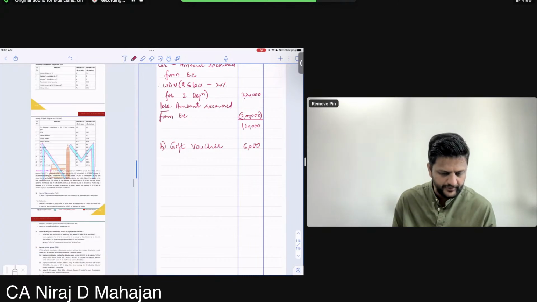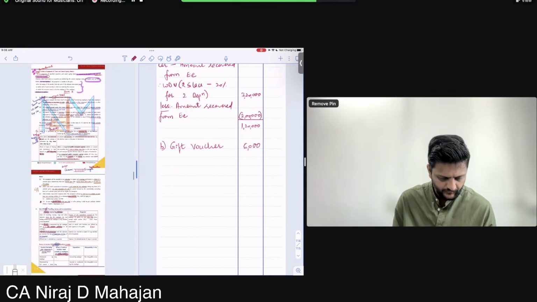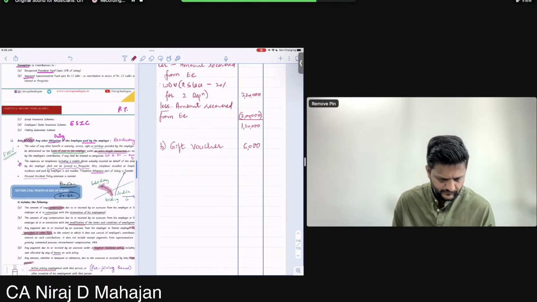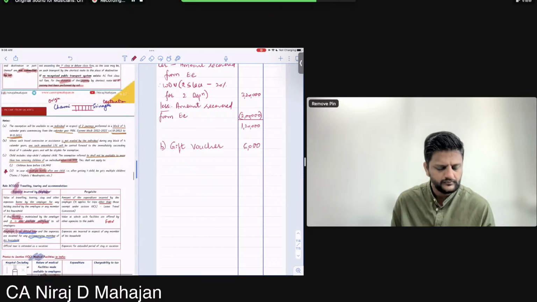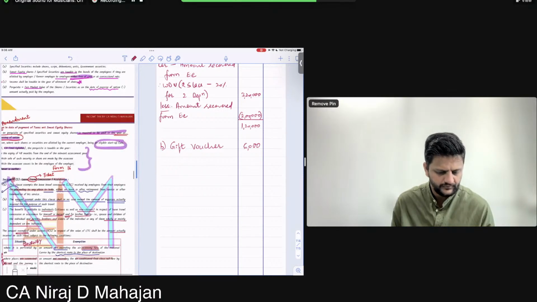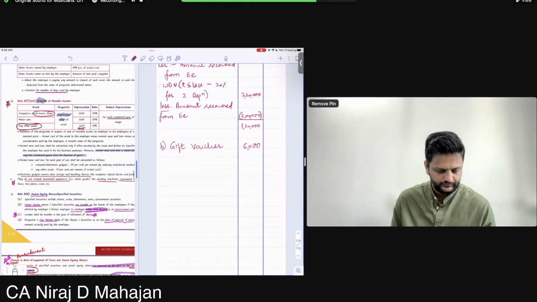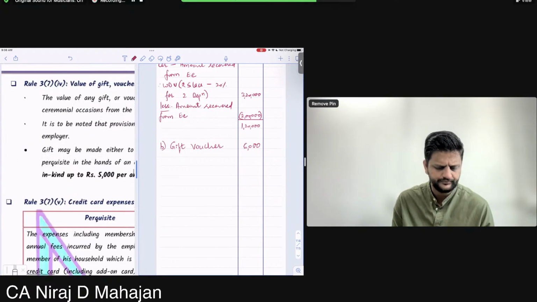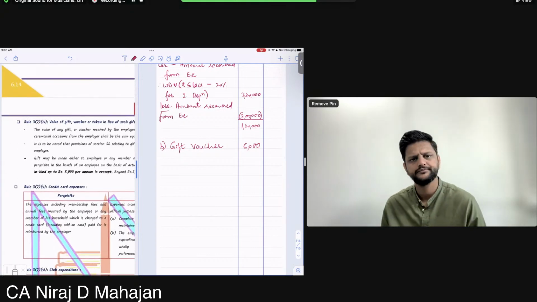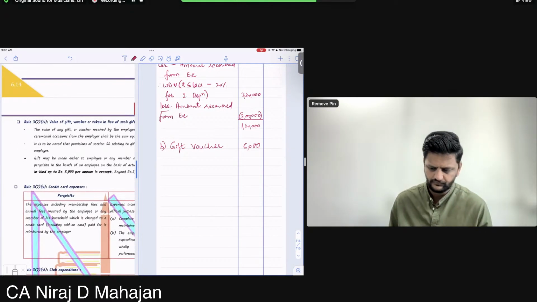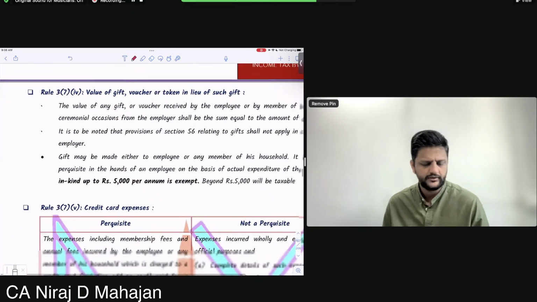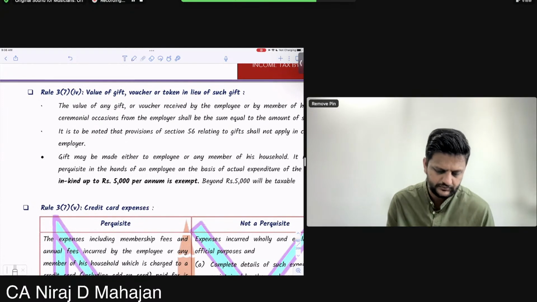We have not discussed that fully, but rule 3(7)(iv), page 6.15. Value of gift, voucher, or a token.